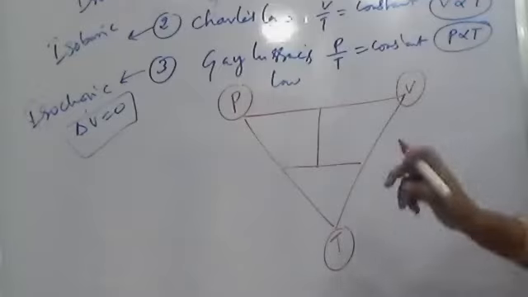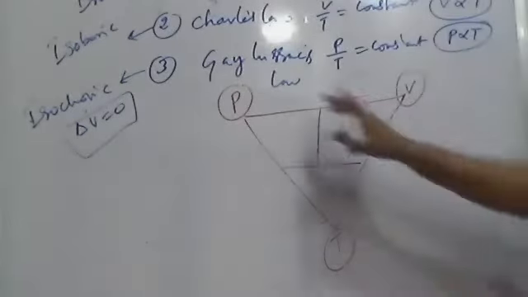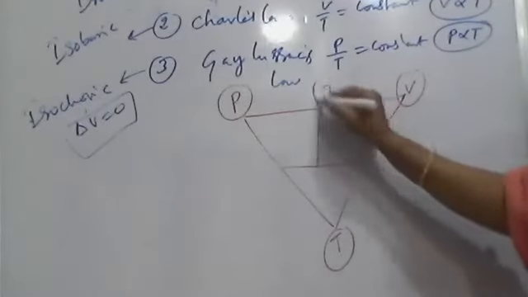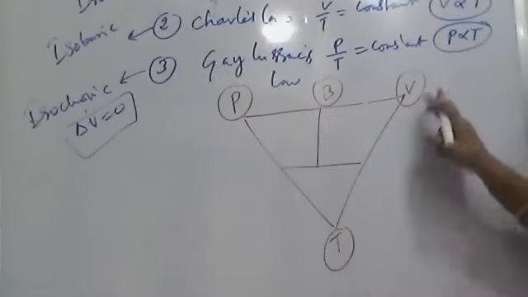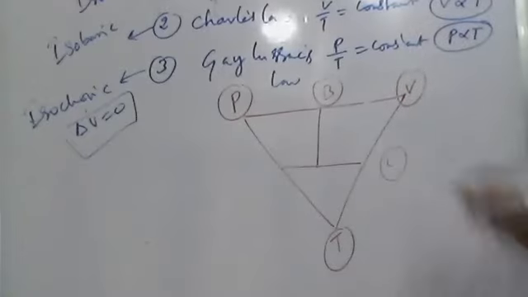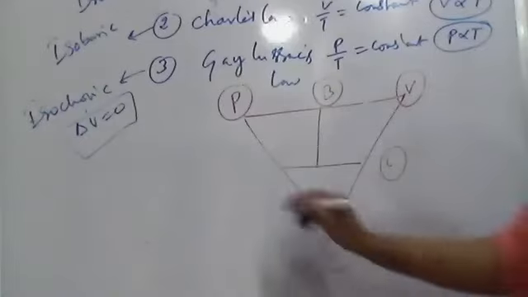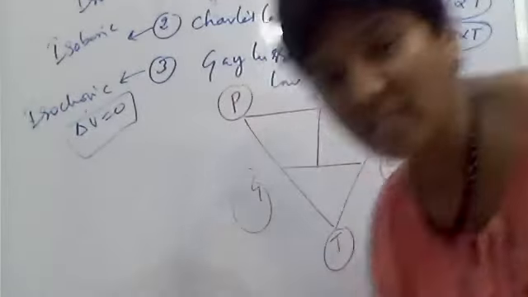Now, what is the law relating pressure and volume? Boyle's law, B. Then what is the law relating volume and temperature? Charles' law, C. Then what is the law relating pressure and temperature? Gay-Lussac's law.